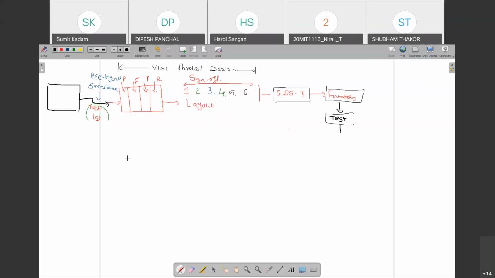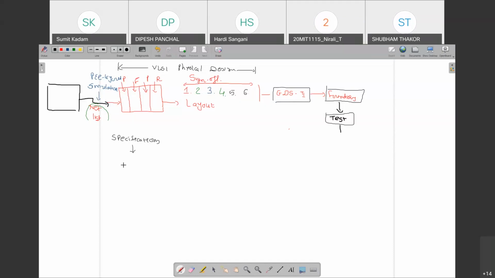So now we discuss the initial few steps, how the circuit netlist is generated. Okay. So initial steps look like this. After the specification, maybe in other courses also you know, that is called the design idea, design requirements.